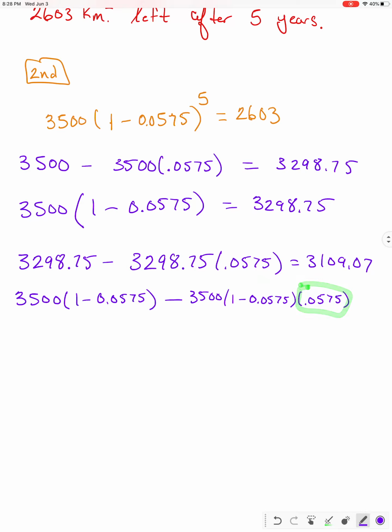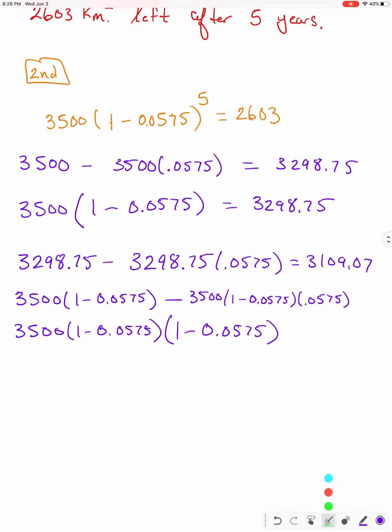So now, if I factor out 3,500 times 1 minus 0.0575, I factor that out, I get 1 minus 0.0575. So how did I do that?